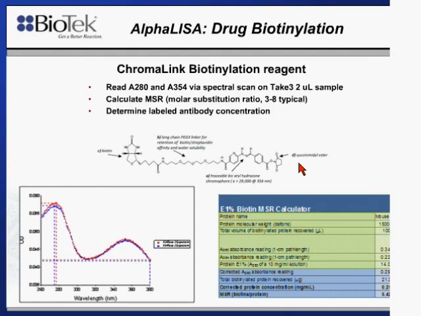And so what we've done here, if we take a look at the graph down on the left, is we've run a spectral scan, and these are duplicate measurements done with 2 microliters of sample. And I guess this is a good time to mention one of the main reasons why we like to do work at microvolume volumes is due to the reagents themselves being quite valuable, and or the antibodies or proteins or DNA samples that we're working with.